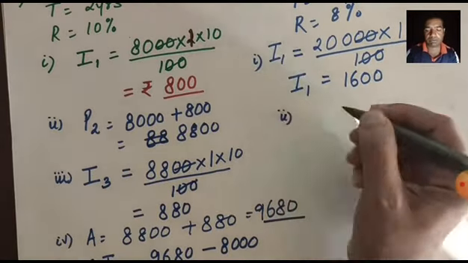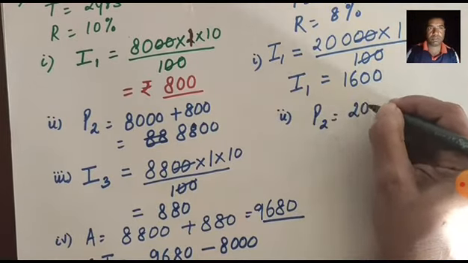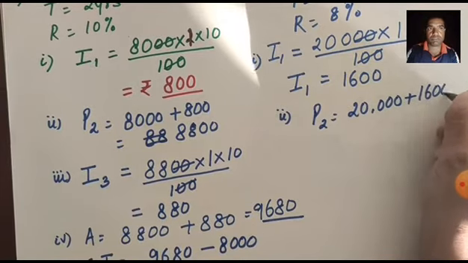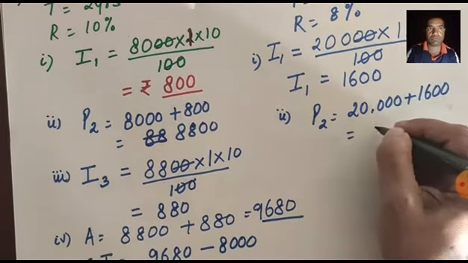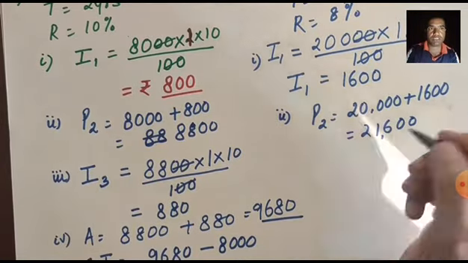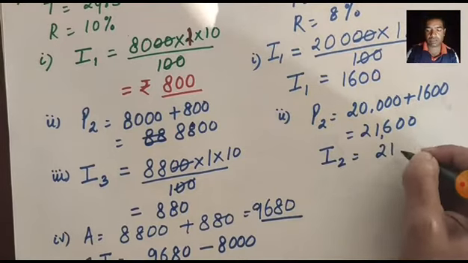Then the second one: the amount after 1 year. P2 is equal to 20,000 plus 1,600, so we get 21,600, and this is the amount.